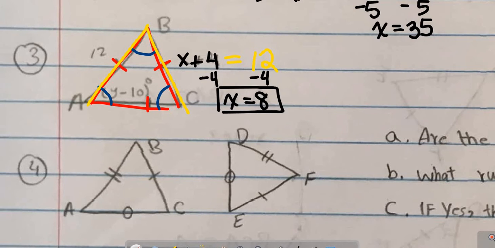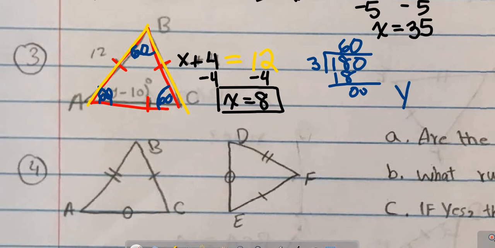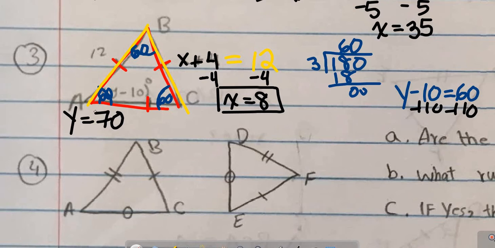If all 3 angles are equal, I'm going to go 180 divided by 3. That means this is 60 degrees, this is 60 degrees, this is 60 degrees. So I have y minus 10 equals 60. And in this case, y is going to equal 70.